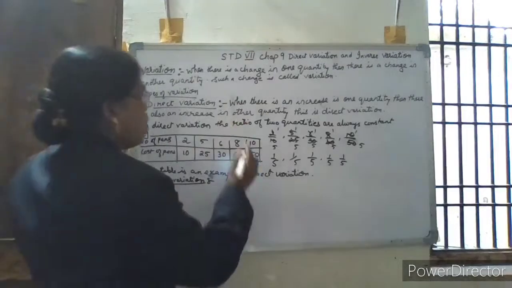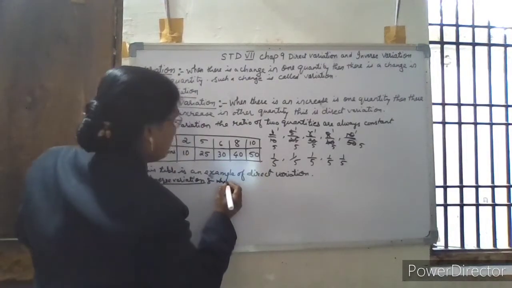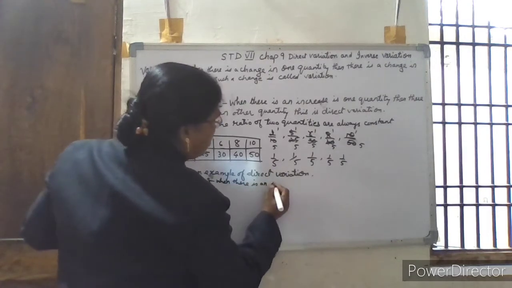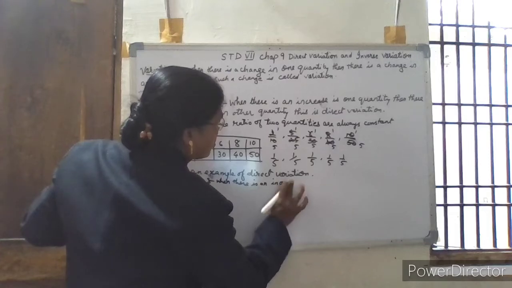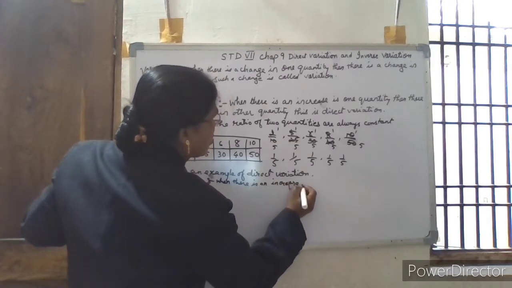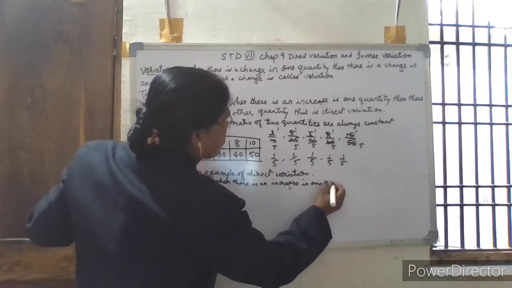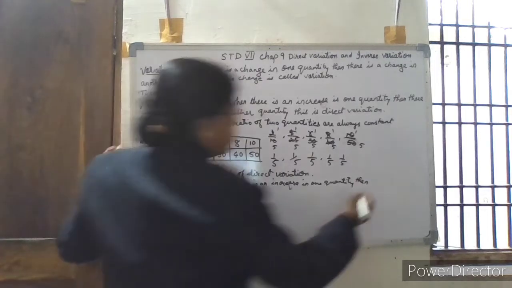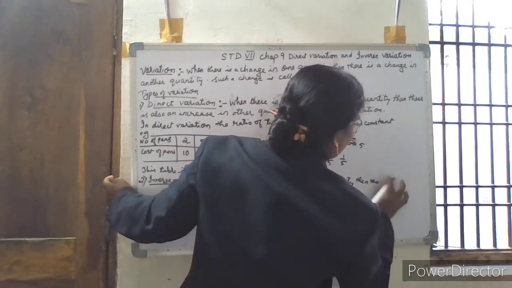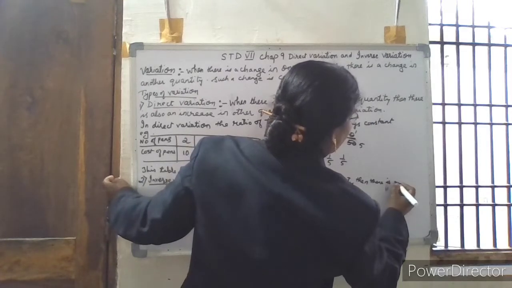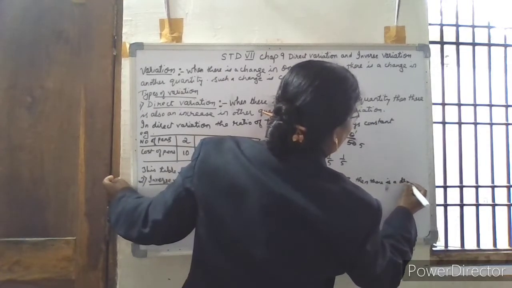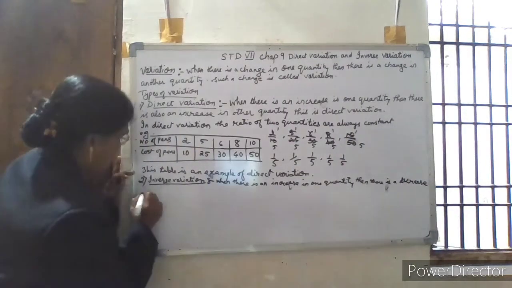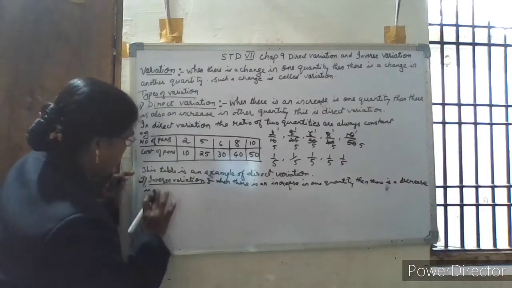But in inverse variation, when there is an increase in one quantity, then there is a decrease in another quantity.